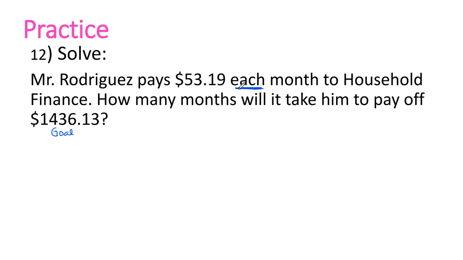We're going to divide up that total goal amount by the payments to see how many months we'll be at. So we need to take 53.19 into 1,436.13 because we learned that when we are writing our division sentence, the second number is our divisor and that goes outside.